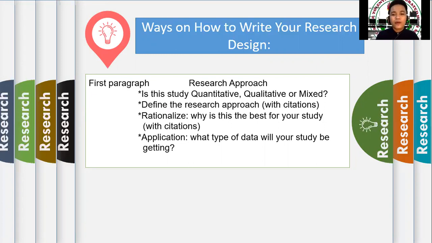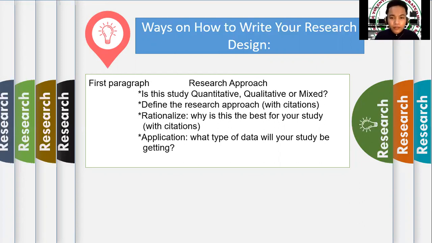We really have to answer the following questions. Number one, in this study, is this study quantitative, qualitative, or mixed? So we really have to find out what kind of research approach we are going to employ. Is it really quantitative? Is it really qualitative or mixed? After identifying the kind of approach that you are going to employ, definitely you really have to define that approach.